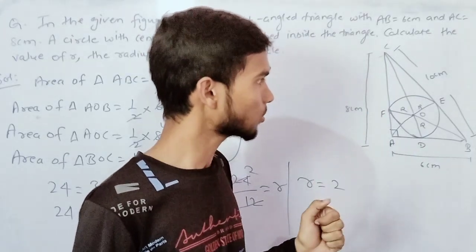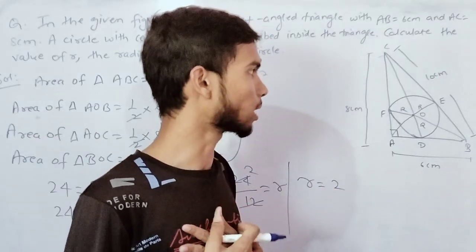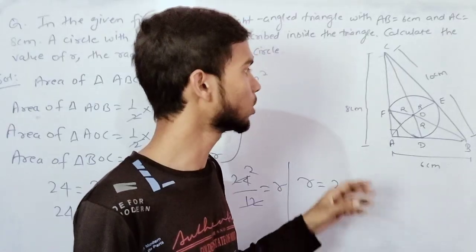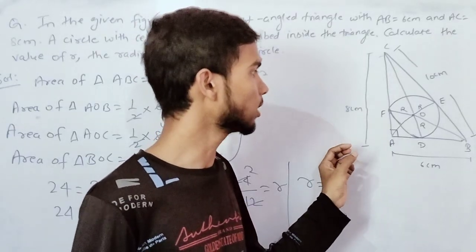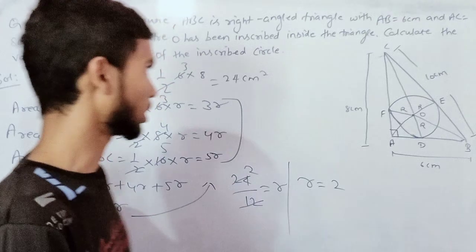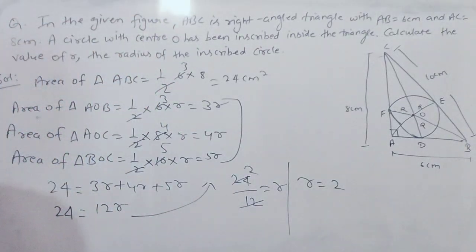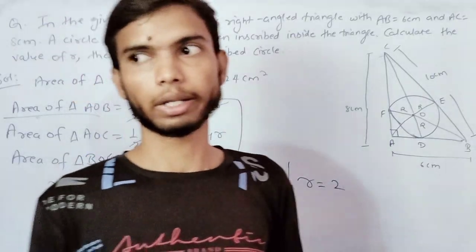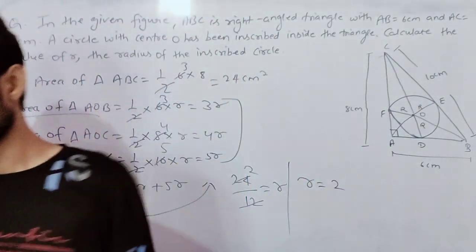As we know, these three triangle parts are equal to only one triangle ABC. And from this equation we got r as 2. We applied the formula for calculating the area of a triangle.